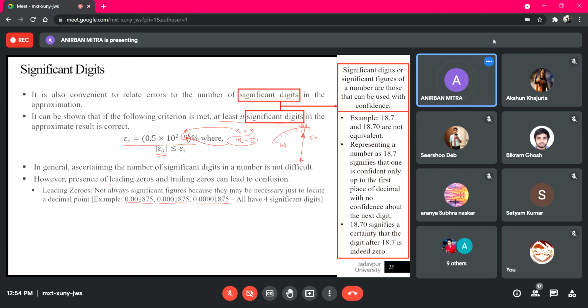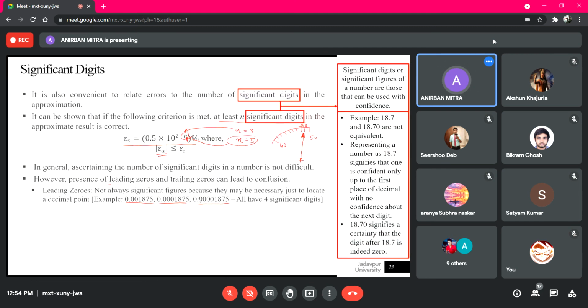So you will be interested to know that all of these three representations have 4 significant digits. These leading zeros do not matter. They are present there only to place the decimal point at the appropriate location.